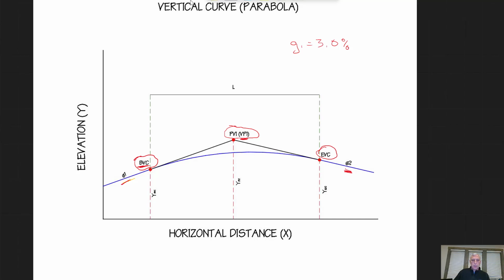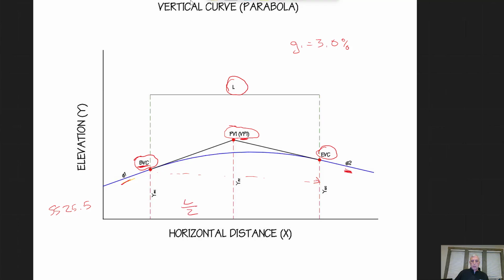If we consider the horizontal distance between the BVC and the EVC, we call that L. If we're looking at a vertical curve and measure from the BVC all the way across to the EVC, the horizontal distance would be L. Now, I'm not going to prove it, but in the book, section 25.5 has a proof that the horizontal distance from the BVC to the PVI is L over 2.